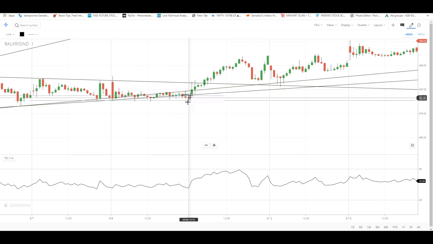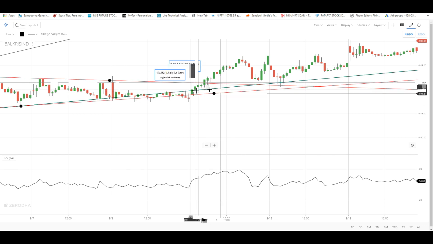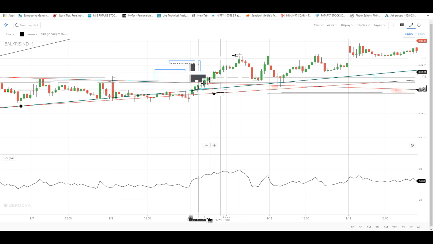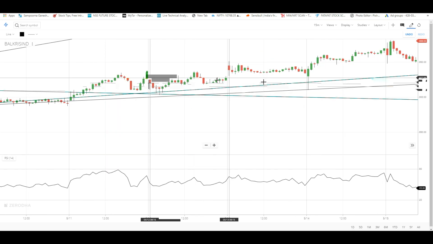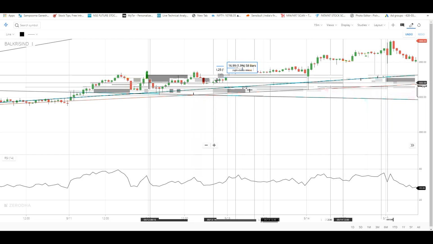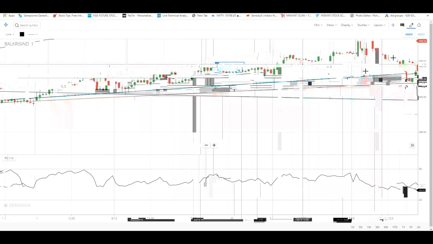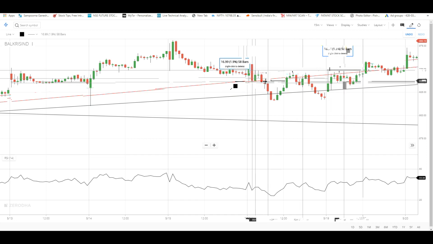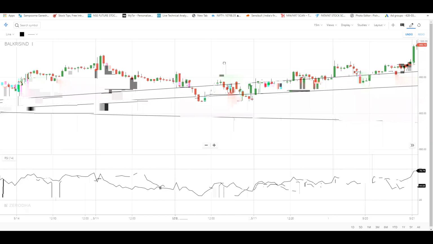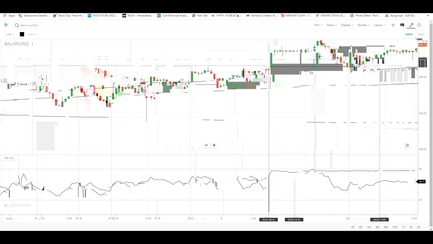But when it gave a breakout, it went from 909 to almost 932. Now you see this trend line which we had marked has actually become a support on multiple levels.